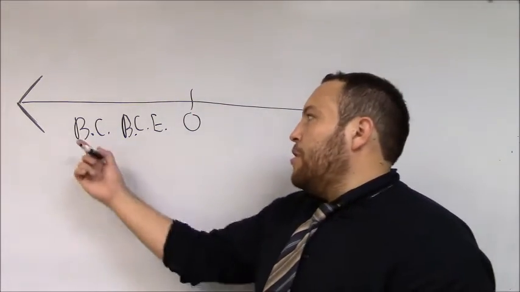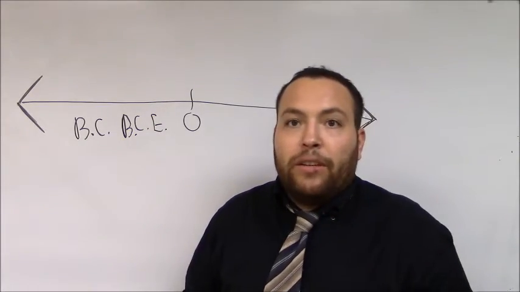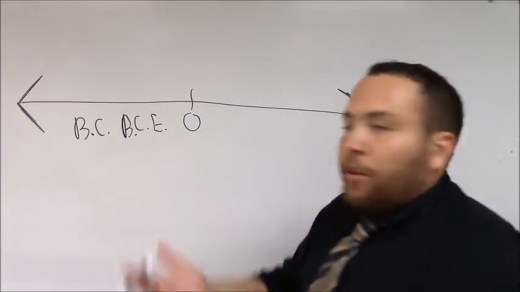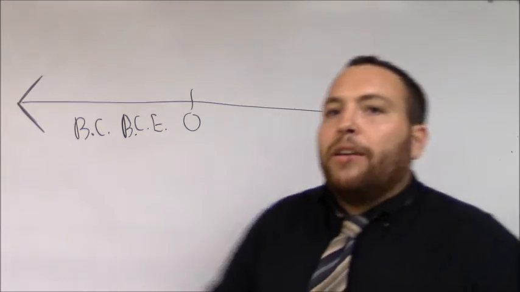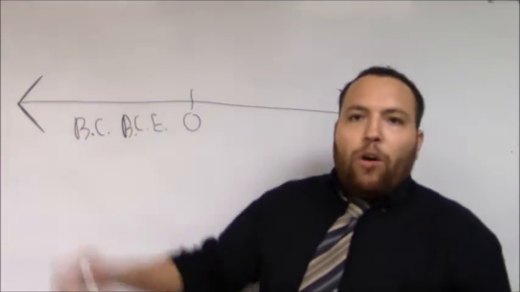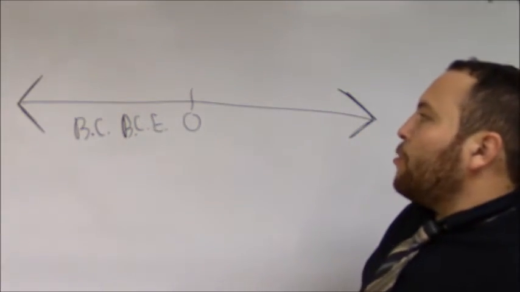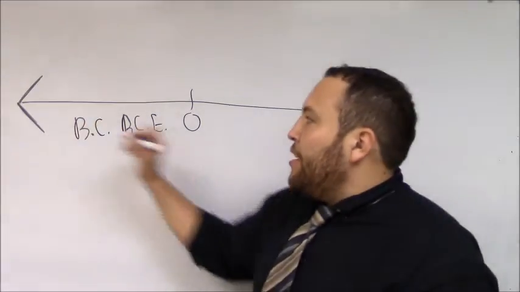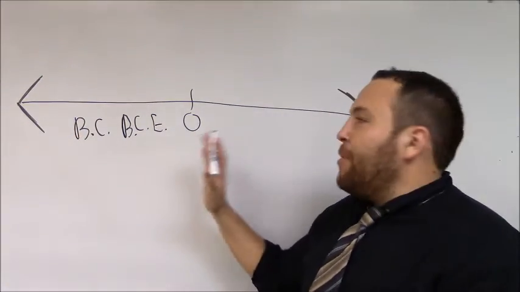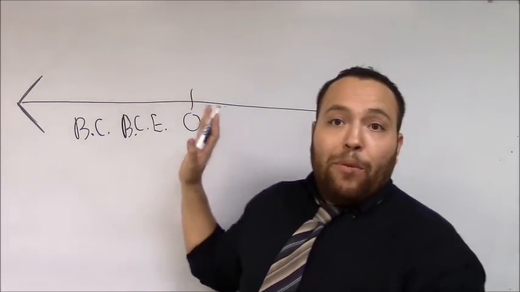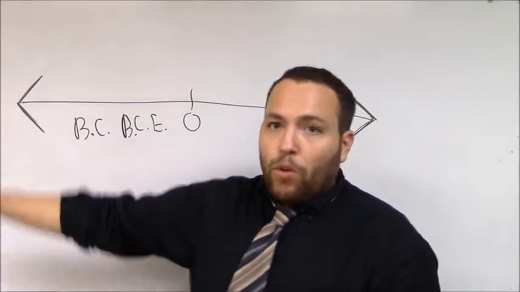Right? In this class I'll be using BC just because that's what I used growing up and how I was taught it. But you're more than welcome to use either dating system for either one of these. So BC or BCE is what happened before year zero. All right?